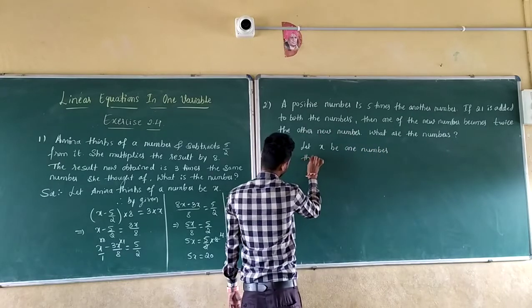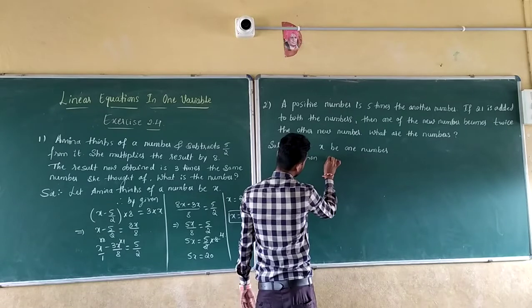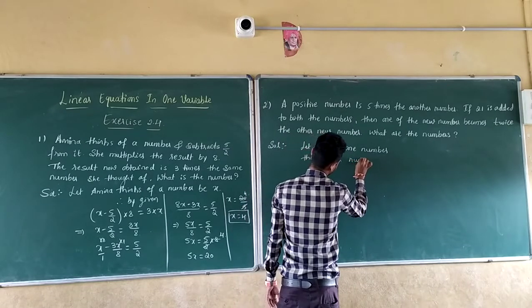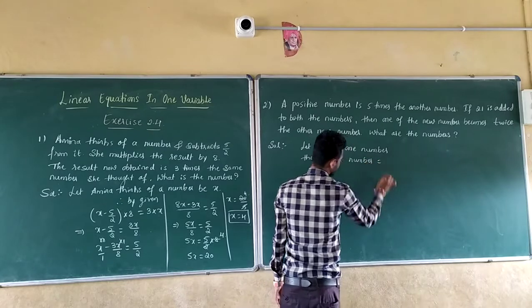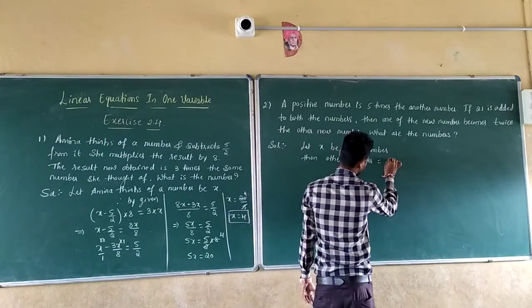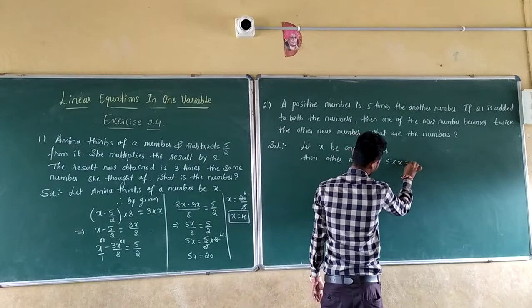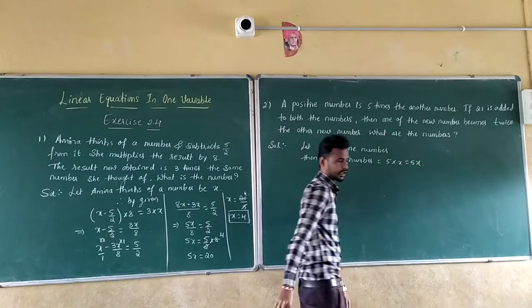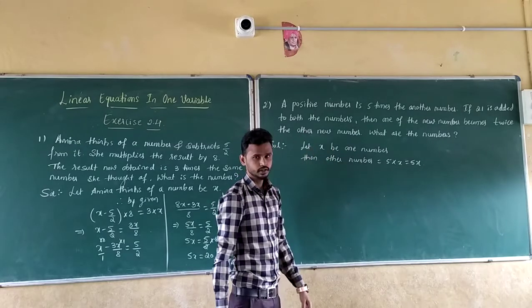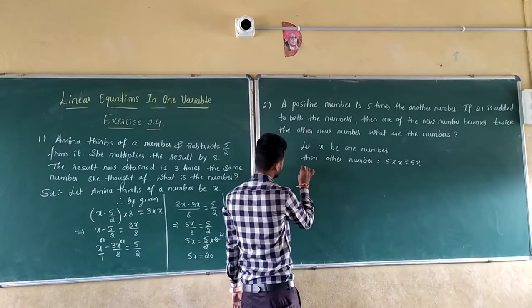Then the other number is 5 times the one number, means 5 into x, that is 5x. If you add 21 to both the numbers, so add 21 first.